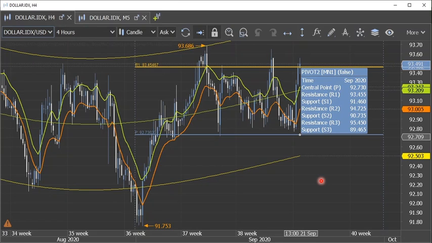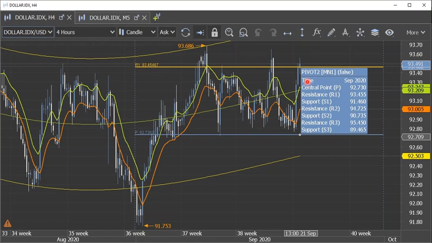So here we have this 4 hourly chart for the dollar index, and this consolidation with the lower band being closer to the central pivot point of this month's pivot point series had indeed provided good support. As you can simply notice from the chart, we had the extended consolidation taking place just a little above this central pivot point, and now the possibility of the dollar index moving past this immediate hurdle is quite strong.